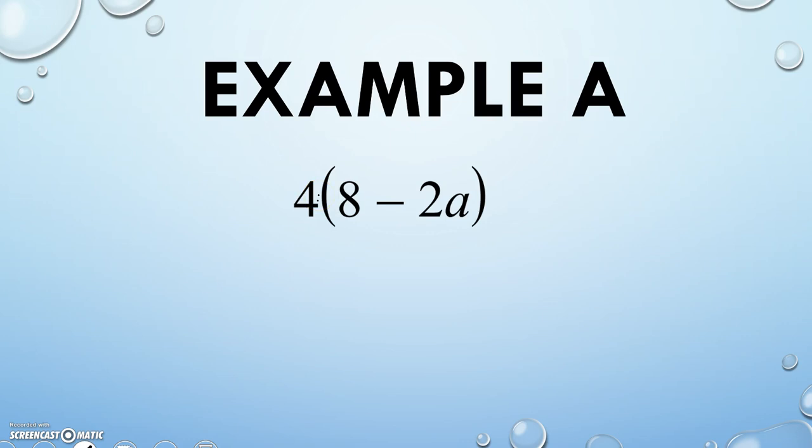Then you're going to distribute. That means we multiply this 4 times the 8, and 4 times the negative 2a. Since that's a minus 2a, it's a negative 2a. So 4 times 8 gives us 32, and 4 times negative 2a gives us negative 8a. And that's how we distribute.